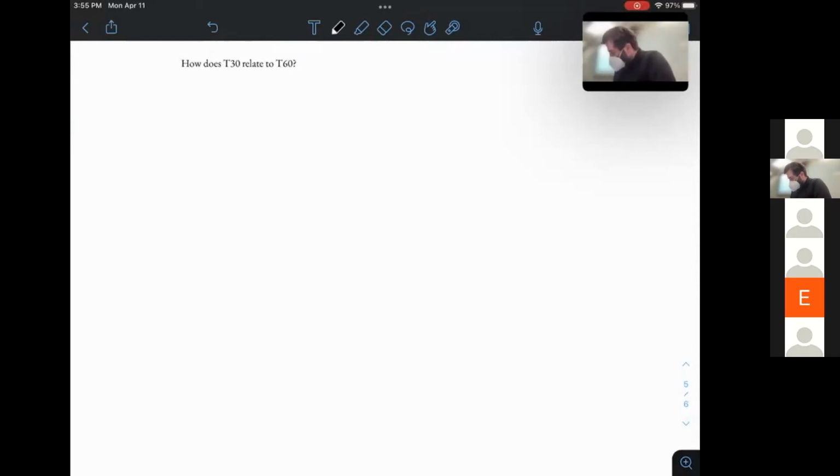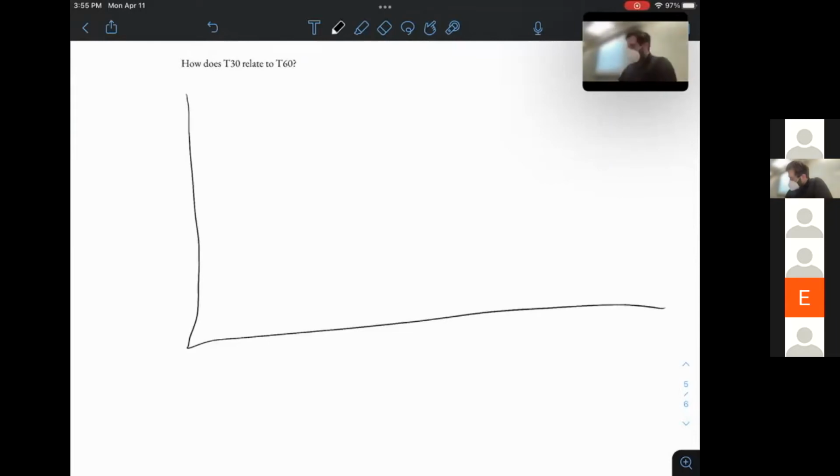Okay, so let's do this. This is just the signal level in the room that we're looking at. So this is dB, and this is time. I'm expecting this to be pretty linear. Let's call this point -60, and let's call this point 0.